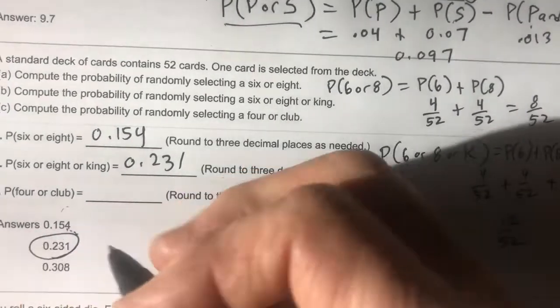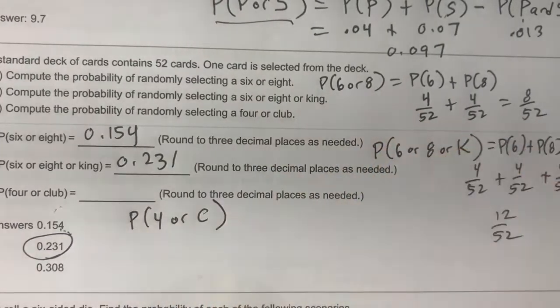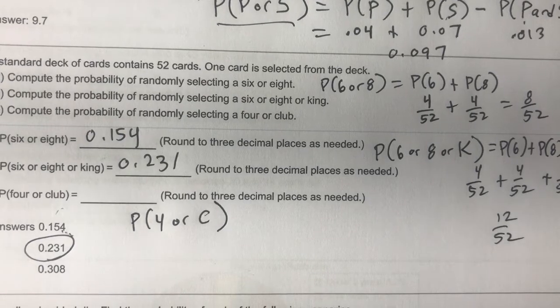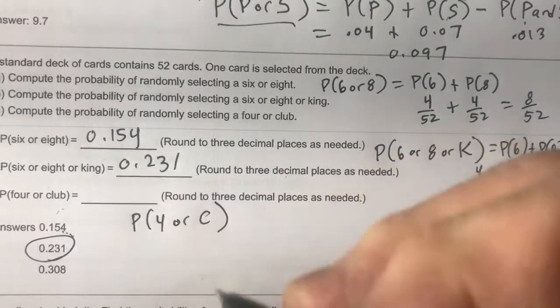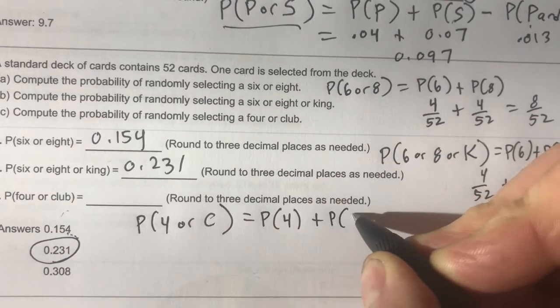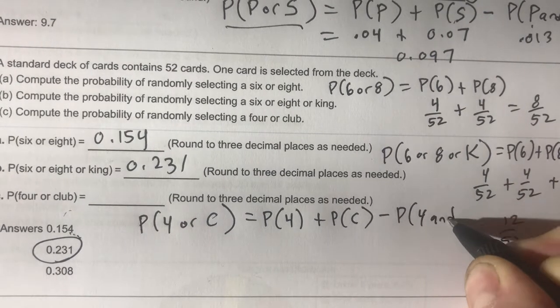All right, then we have right here, probability of a 4 or a club. All right, these are not mutually exclusive because it's possible to be a 4 and a club. So this is going to be the probability that you get a 4 plus the probability that you get a club minus the probability that you're a 4 and a club.